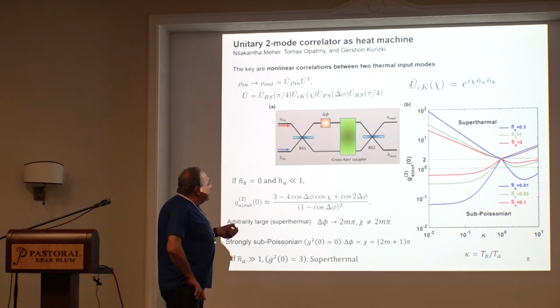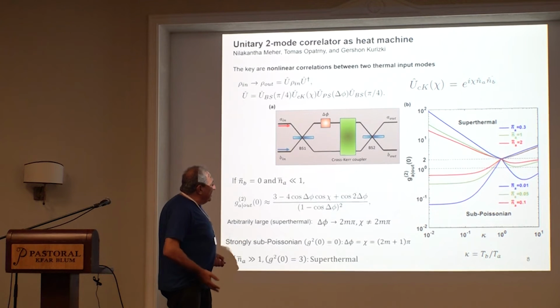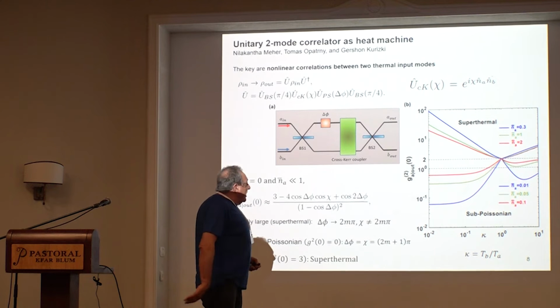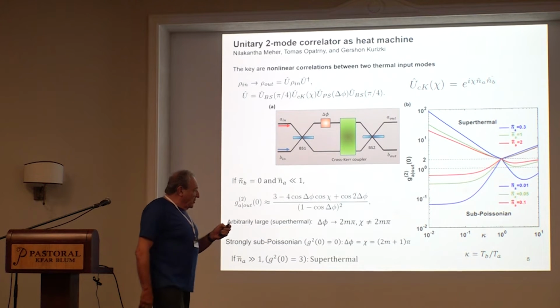So you can see that the autocorrelation function can range from very large values, that's the so-called super thermal regime. 2 is thermal, and it can get much less than 1, i.e. be sub-Poissonian, approach a Fock state, if you like, as a result of this nonlinearity.